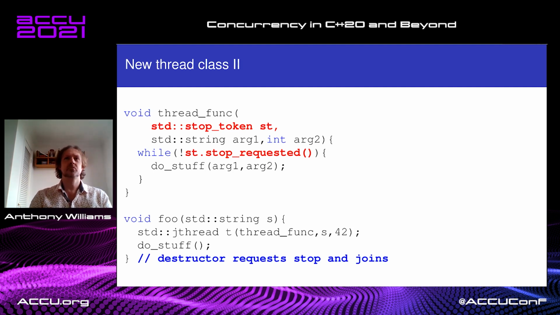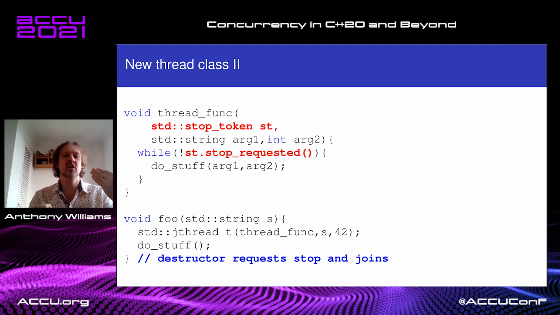There is no mechanism in the library itself to forcibly stop a thread, and you'd be looking at platform-specific APIs if you wish to do that. But if you use jthread, you do get this cooperative cancellation, and so you need to always observe the stop token in your thread.